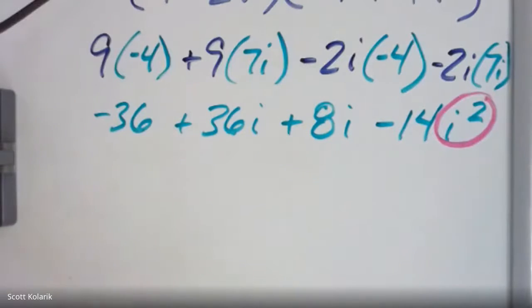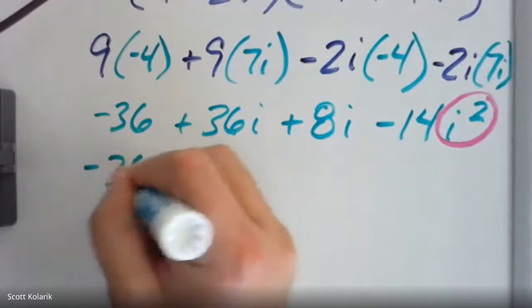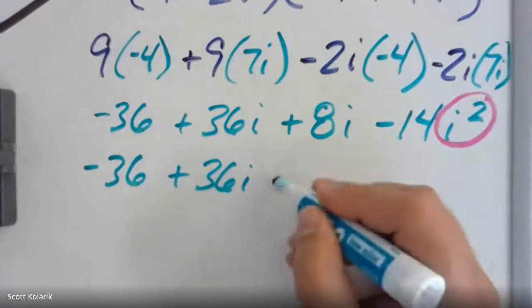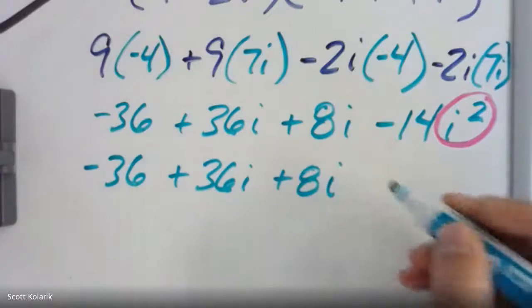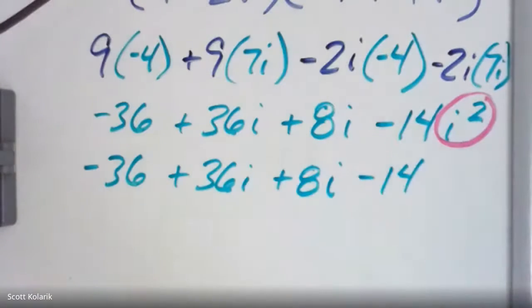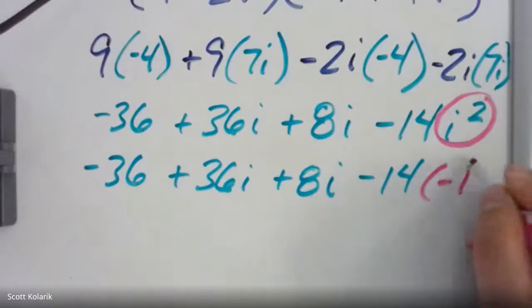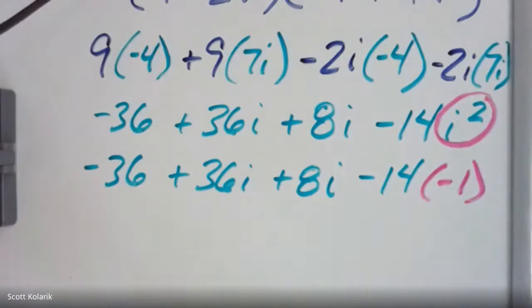So what does that mean in our case? That this -36 stays -36, this plus 36i stays 36i, this plus 8i stays 8i, and then I have -14, but instead of i squared, I'm going to be replacing i squared with -1 because i squared is -1.